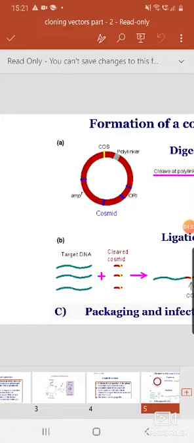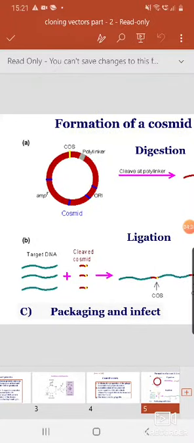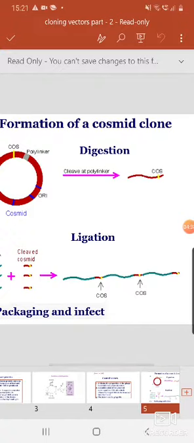Now if we do a ligation reaction with DNA ligase, the probability is that there will be a situation where one green insert comes in between two cosmid vectors.